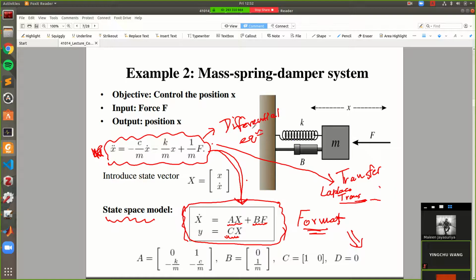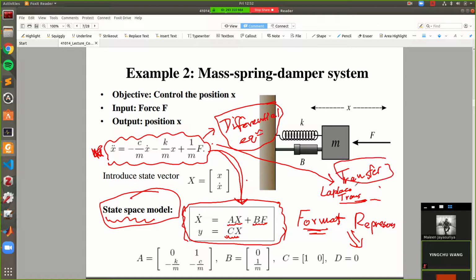The reason why we do this is that dealing with differential equations is a bit difficult, because you have to solve them, and it's really difficult to understand the relationships sometimes in a differential equation. So we put it into these different formats, or actually a better word is representations. One of those representations is the state space model, and another is the transfer function. In a transfer function, you just apply a Laplace transform and it makes the maths very easy.